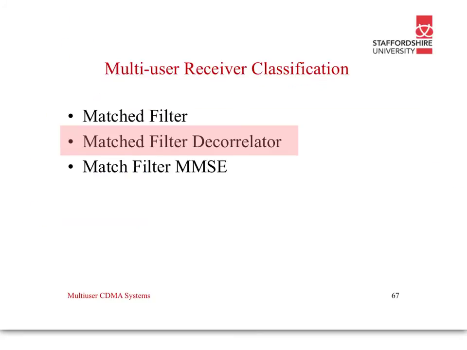So what's a match filter decorrelator? In a decorrelator, what's correlation? Correlation is how similar two signals are to each other. In our receiver, for example, if we're using BPSK, then we have two known symbols that will be transmitted. If we're using QPSK, we know there are 4 known symbols, and with 8PSK, there are 8, obviously.